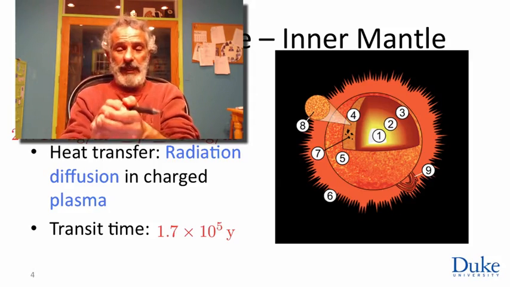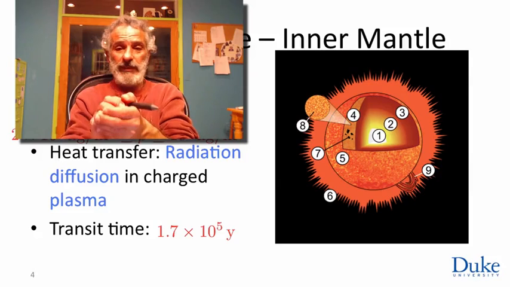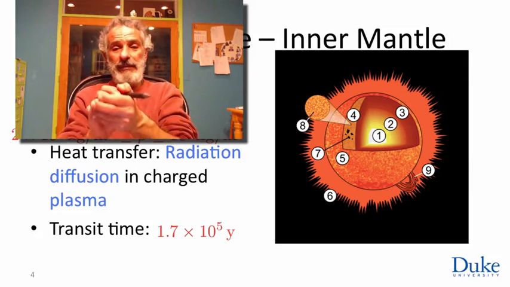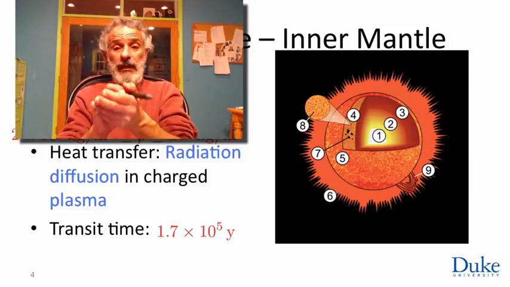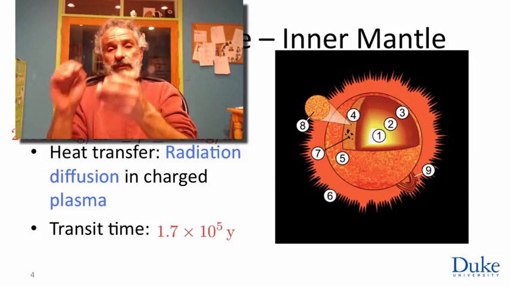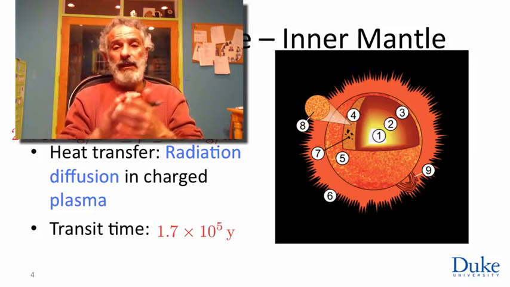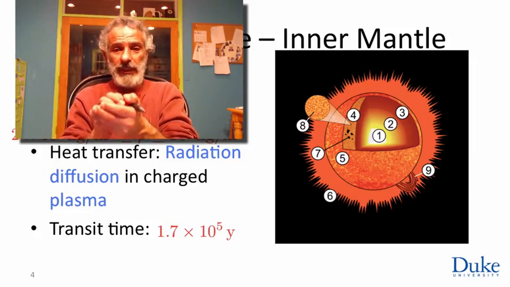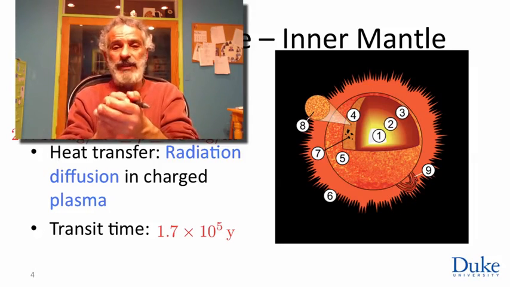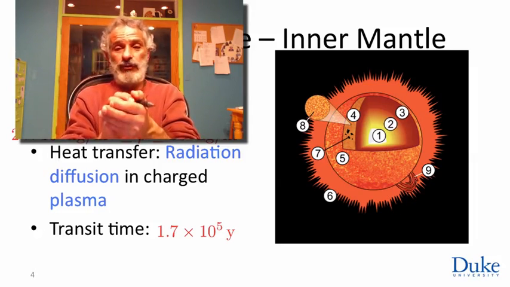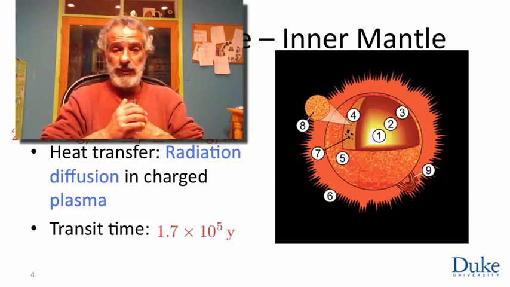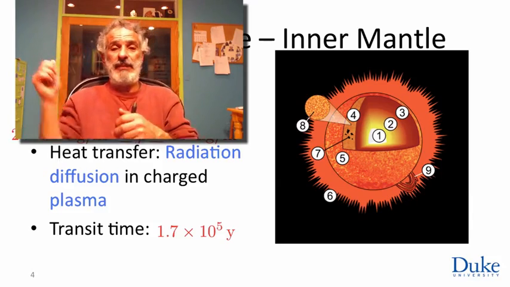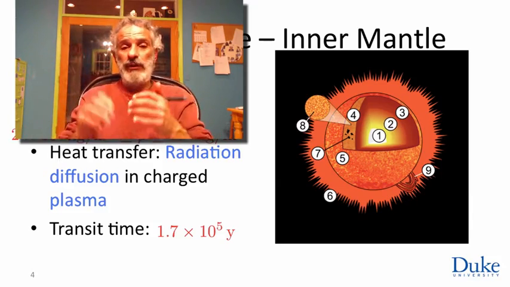High energy photons, gamma rays produced in the core, are emitted, immediately absorbed by interaction with the charged particles in the plasma, and then re-emitted and reabsorbed and re-emitted and reabsorbed. An average photon, or the energy of an average photon, takes 170,000 years to travel the distance from the core to the outer edge of the radiation zone. So this is not moving at the speed of light. This is some very slow diffusion.